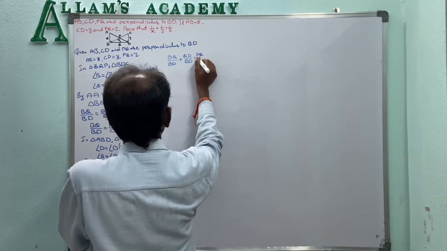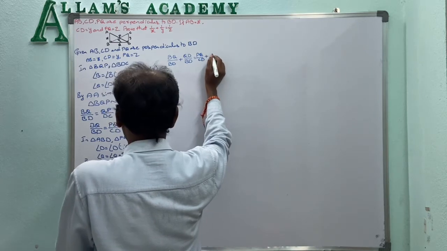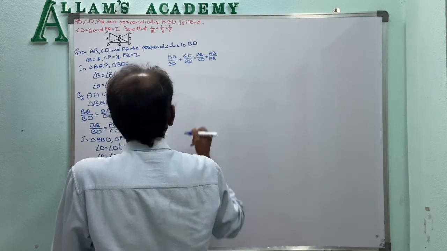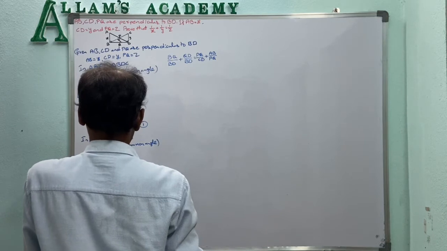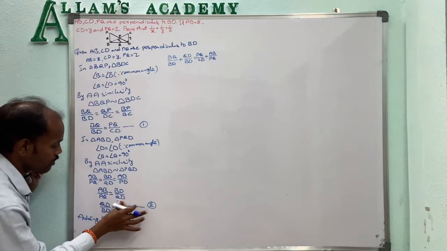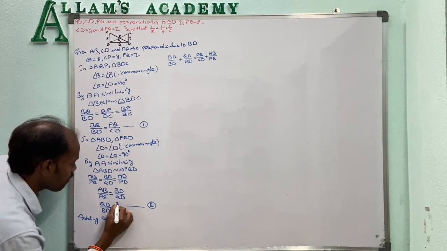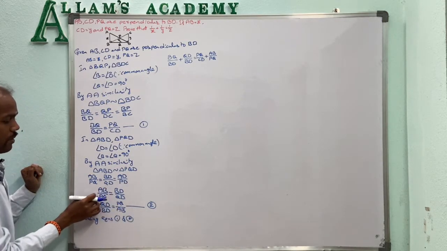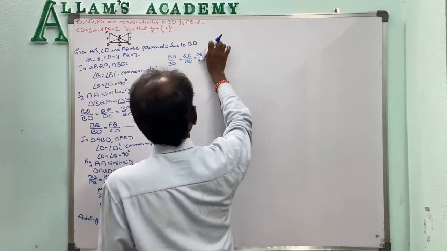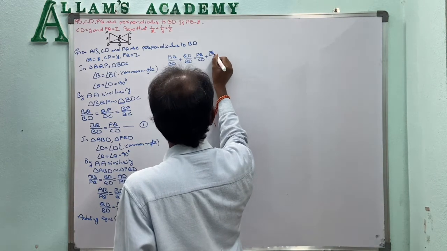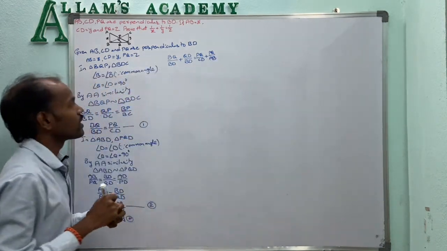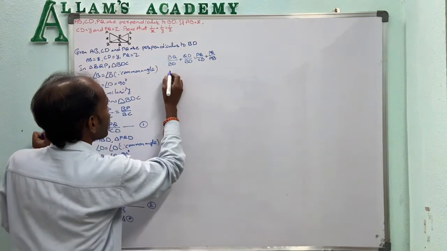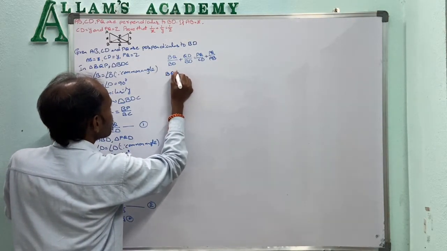Here we did not take the reciprocal on this side, so PQ by AB written is correct. On the left side observe BD is the common denominator, so directly adding the numerators, BQ plus QD.